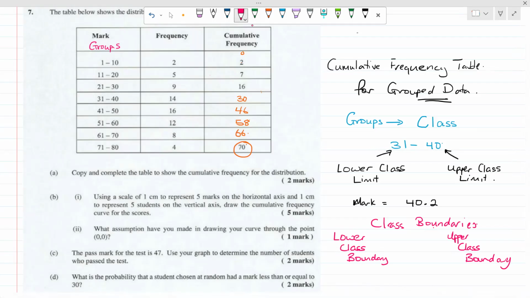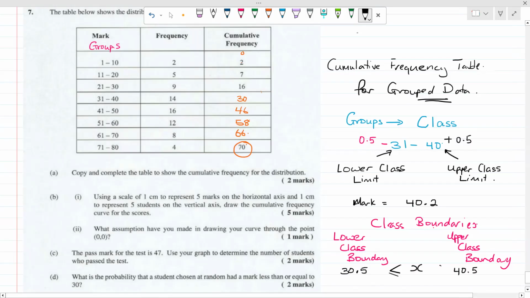The lower class boundary is always 0.5 less than the lower class limit. So the lower class boundary for this class is actually 30.5. And if the mark is X, X has to be greater than or equal to 30.5. The upper class boundary, we add 0.5 to it, and we get 40.5.